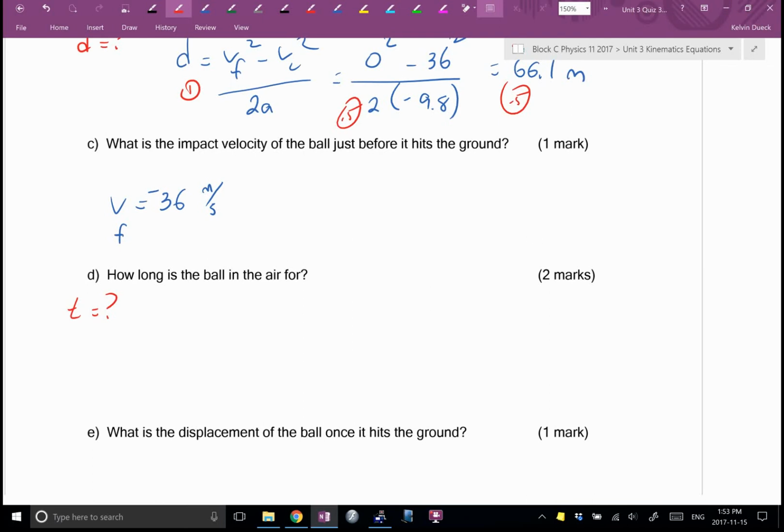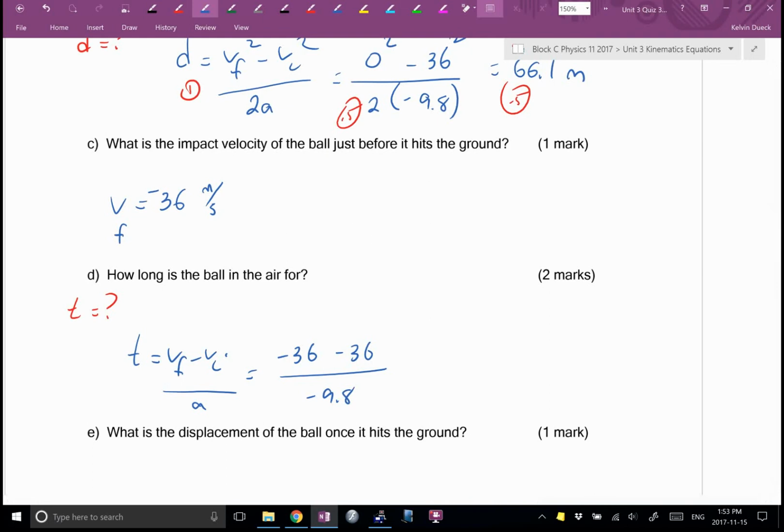I am going to use t equals V f minus V i over a. I know that V i was 36. I know that a was negative 9.8. What's V final? And that'll get me the total time of flight. If you let V final be 0, that would get you time to top, and you have to go times 2 to get time back down.